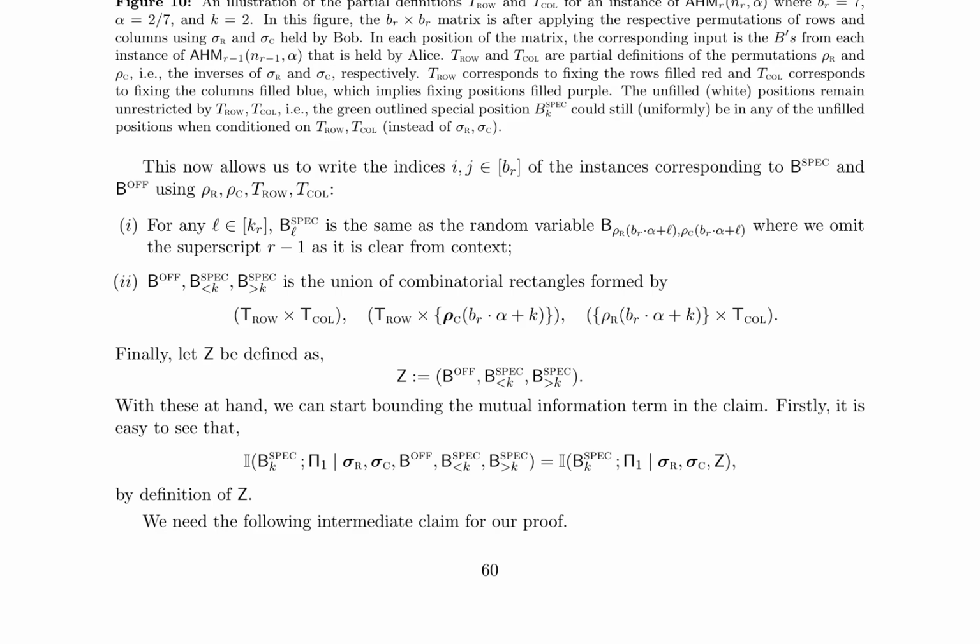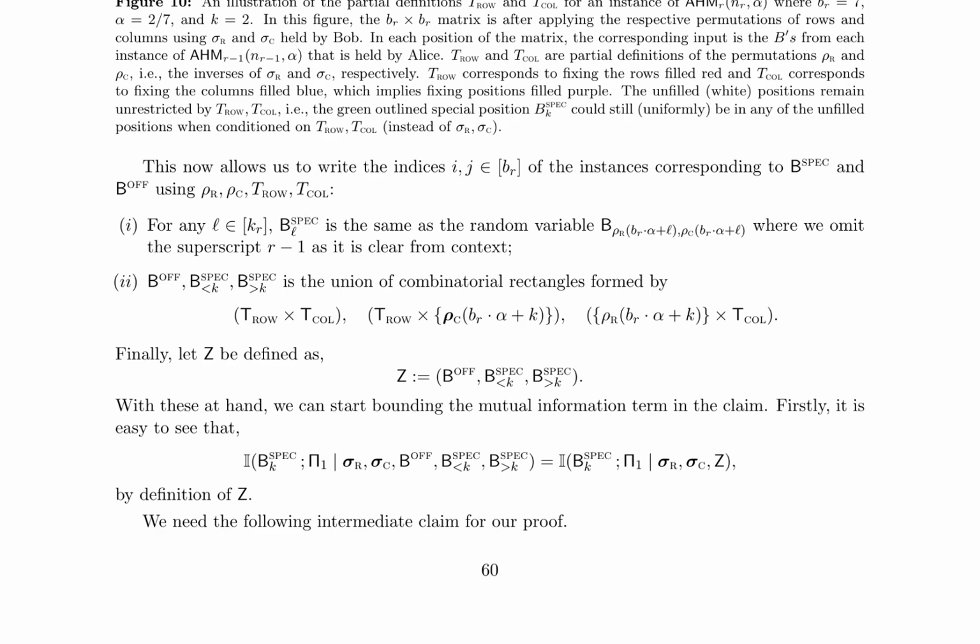Additionally, B_off, B_spec_less than k and B_spec_greater than k can be represented as the union of combinatorial rectangles formed by T_ro times T_col, T_ro times rho_c(b_r alpha + k), and rho_r(b_r alpha + k) times T_col.